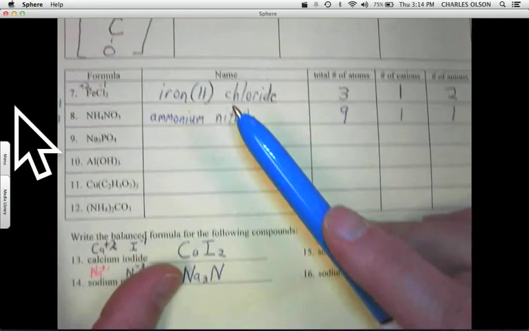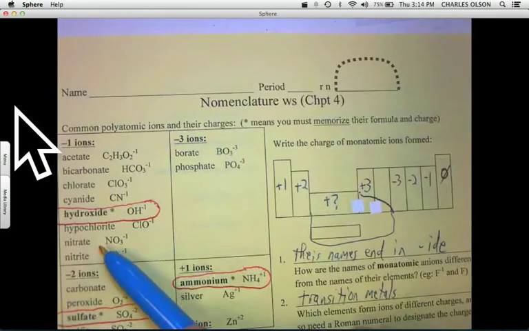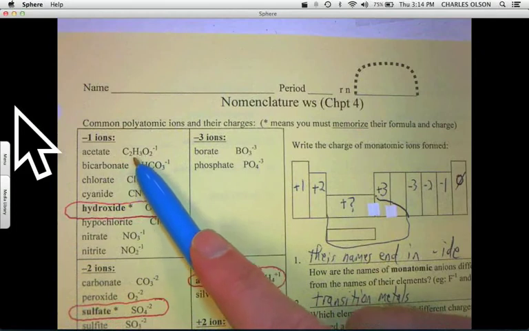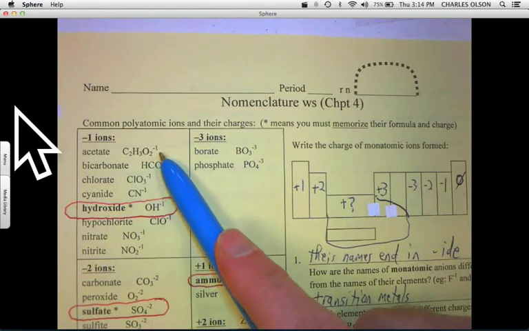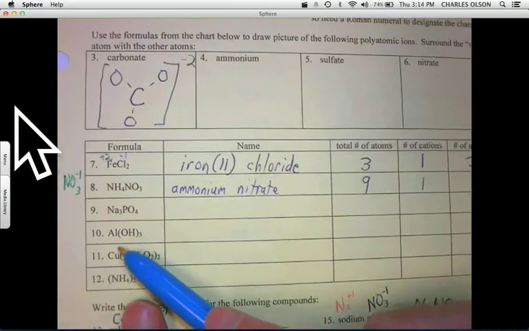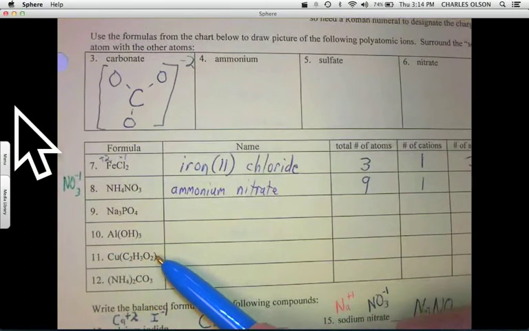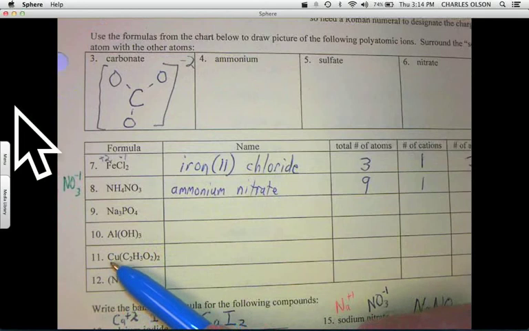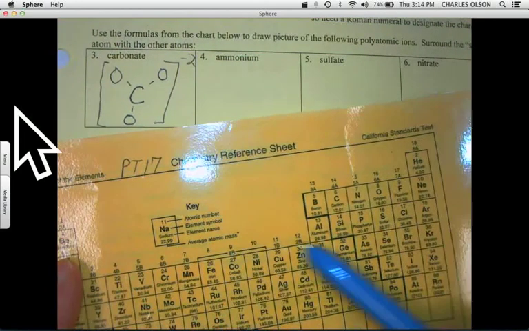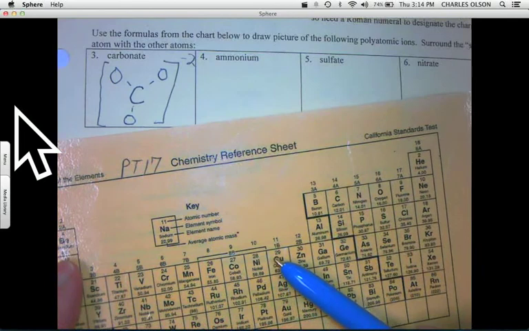Let's look for it in our table. We find the acetate ion, C2H3O2, has a -1 charge. So you might want to call this copper acetate. But remember, copper is a transition metal. Copper is in this big central area where we don't necessarily know the charge.